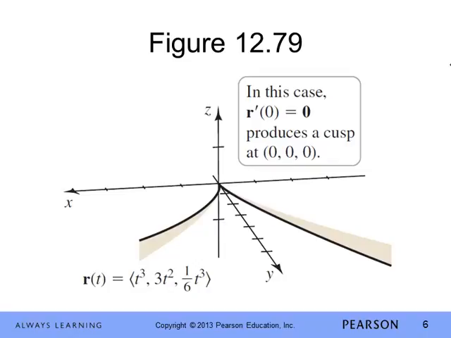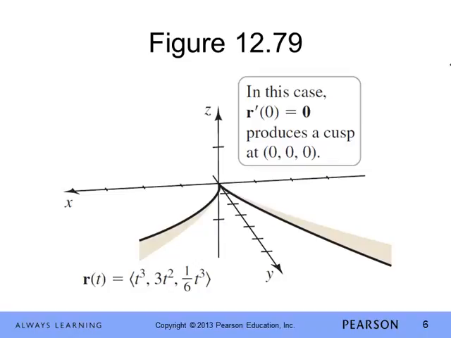If you take a look about midway down the page on page 831, we say that a function r of t is smooth on an interval if f, g, and h are differentiable, which in this case it's true, they are differentiable.